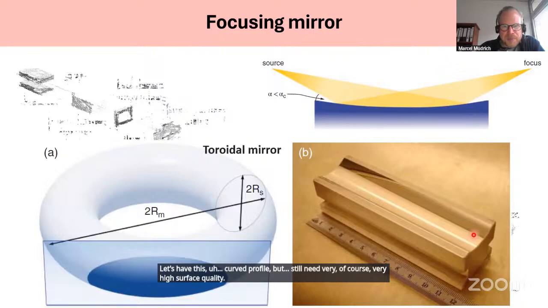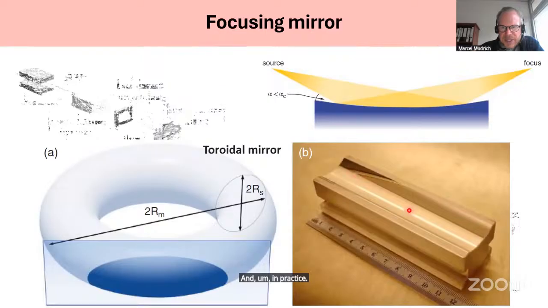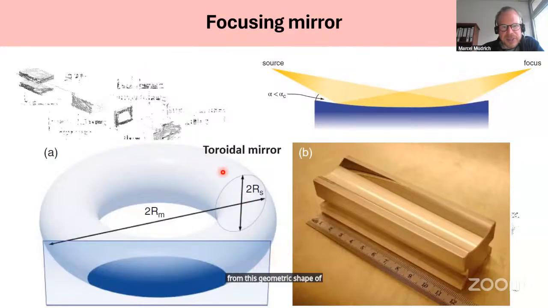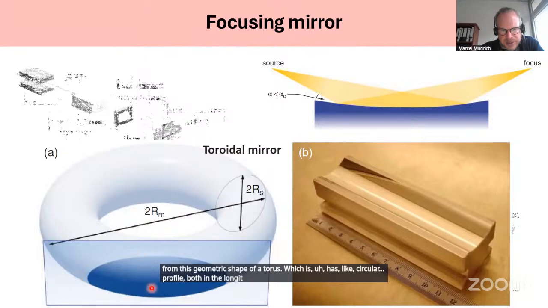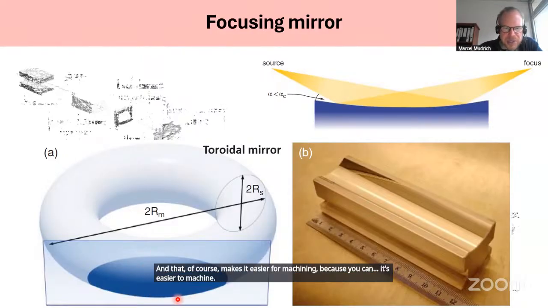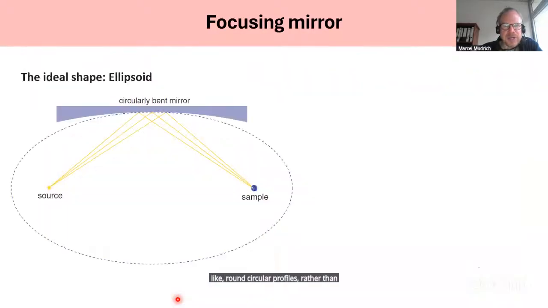In practice, the typical profile of focusing mirrors is of this toroidal shape. A toroidal mirror is essentially a cutout from the geometric shape of a torus, which has a circular profile both in the longitudinal and in the transverse direction. That makes machining easier, because it's easier to machine round circular profiles than something more sophisticated.